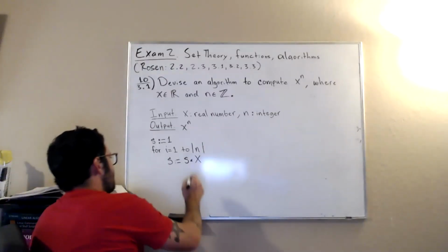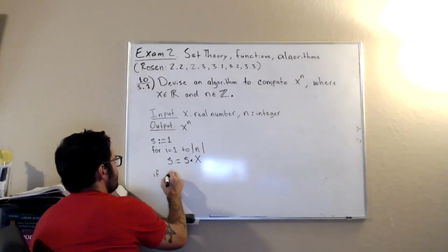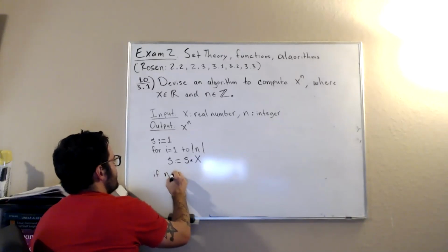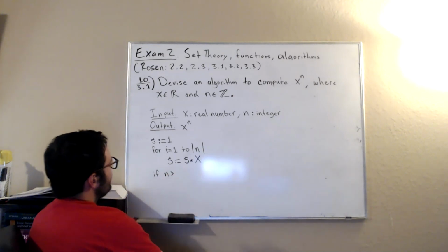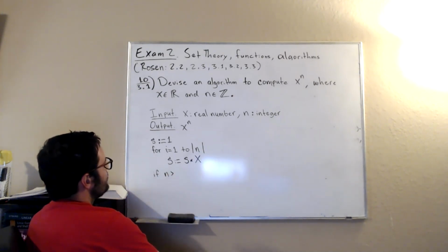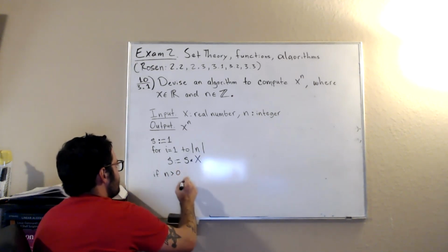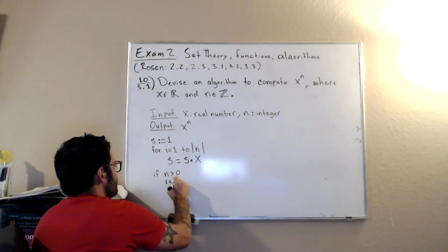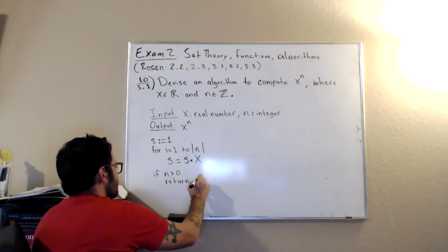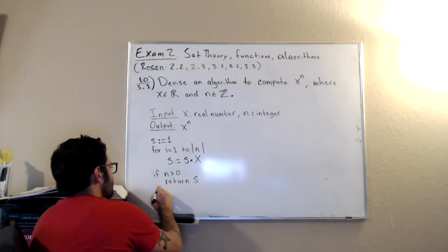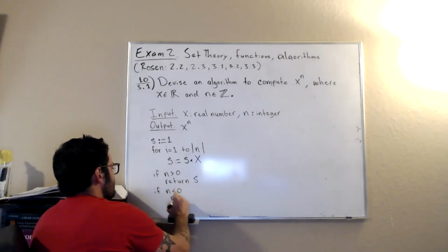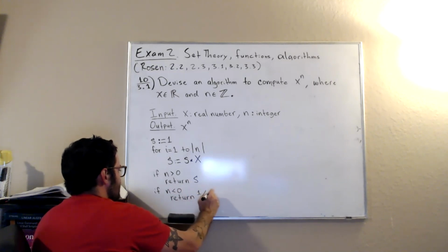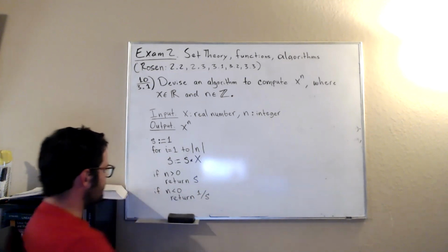Then you can say, if n is greater than 0, return s. If n is less than 0, return 1 over s.